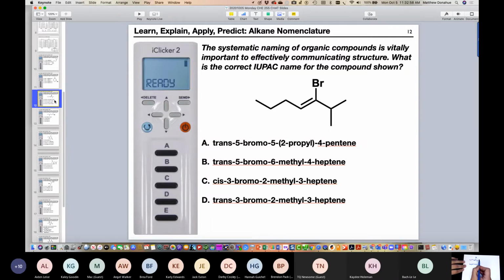So if we count 1, 2, 3, 4, 5, 6, 7, 1, 2, 3, 4, 5, 6, 7. It's 7 no matter which way you count it. A 7 carbon chain is what name?